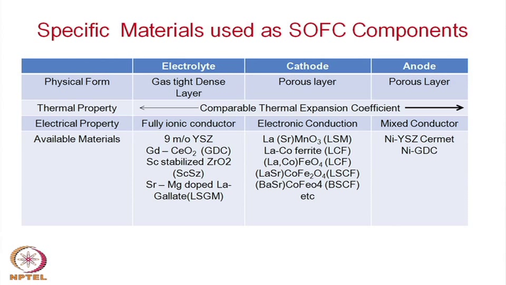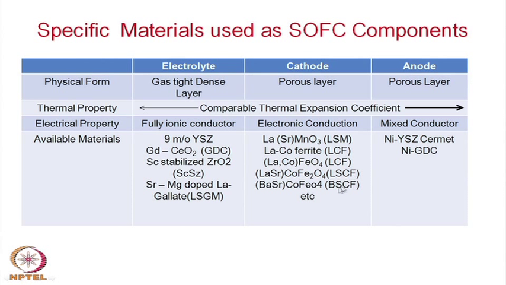In addition, there is another very great advantage: the thermal expansion coefficient of lanthanum manganite is not exactly the same as that of YSZ, and so by doping with strontium thermal expansion can be matched with YSZ. So, that is the reason this is the most common and popular cathode material one uses both for research and for development of prototypes.